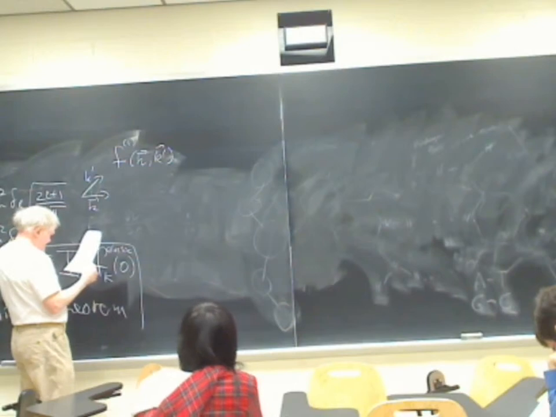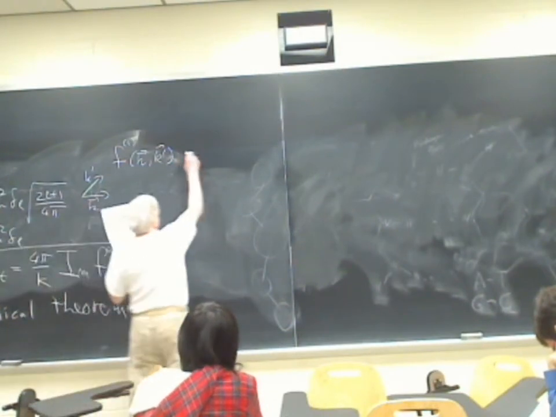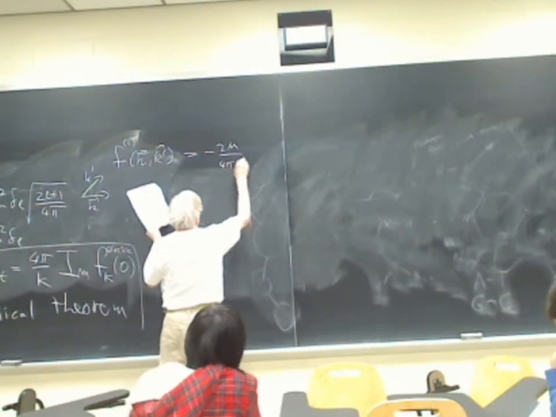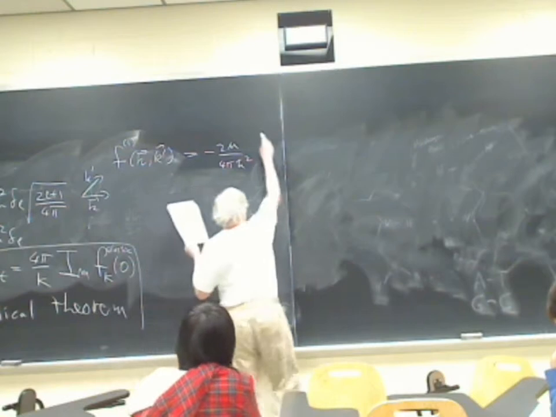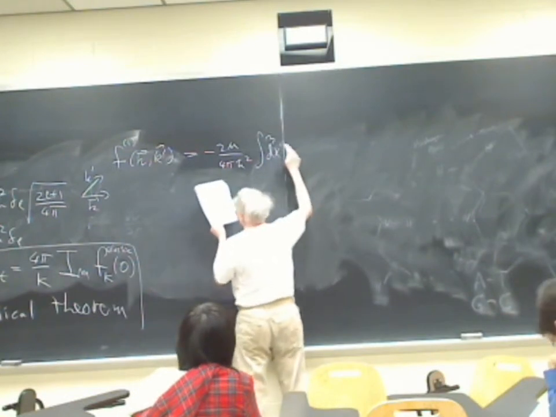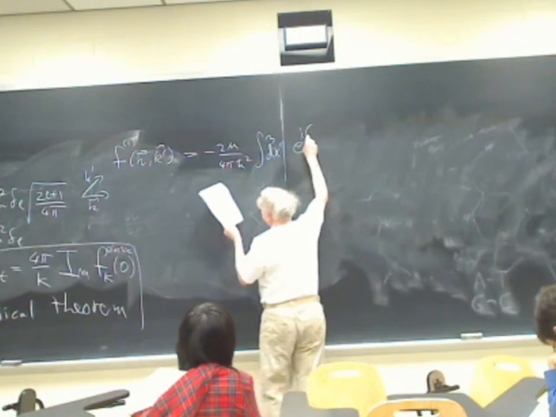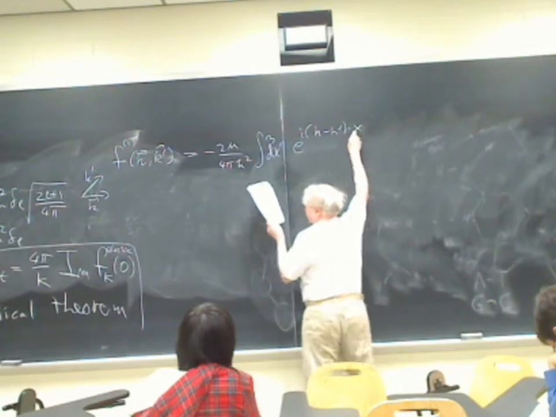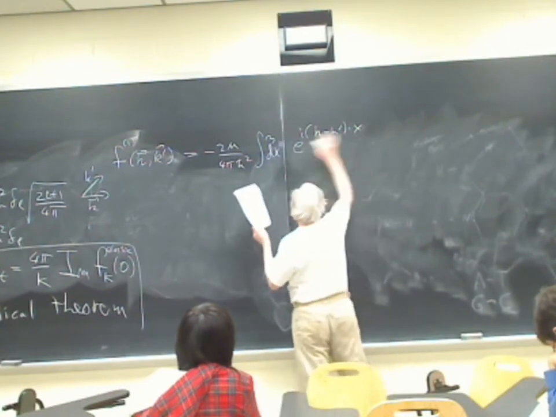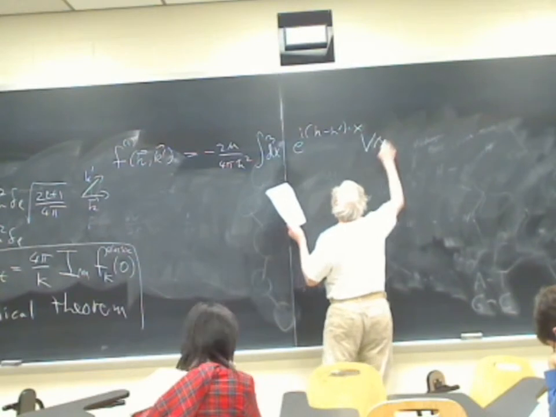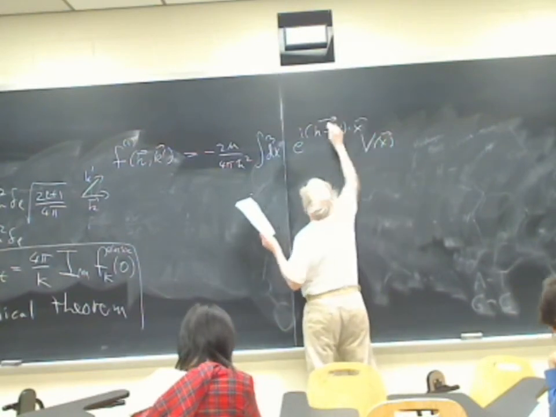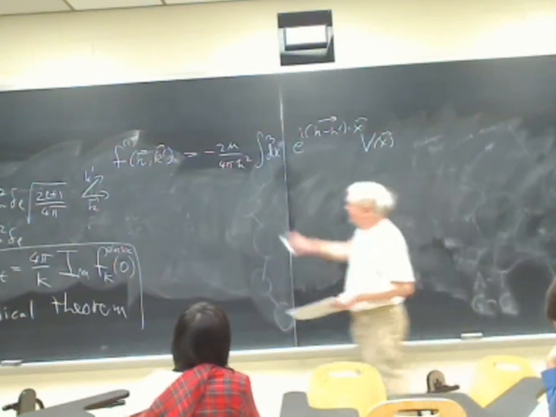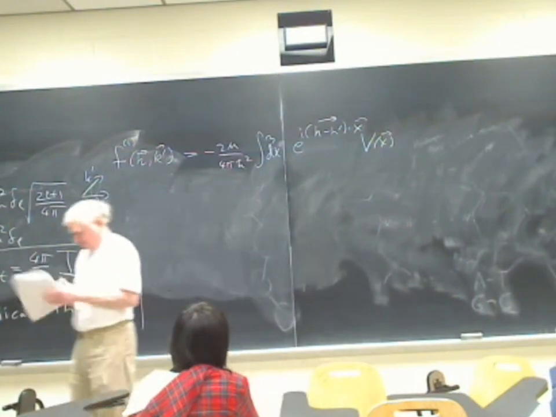And this is equal to minus 2 mu over 4 pi h bar squared, now with the integral d^3x e to the i (k minus k prime) dot x. Let's get rid of the primes. Okay, so remember it's the Fourier transform of the potential, and if you keep track of what the normalization factor is, that's what it actually is.